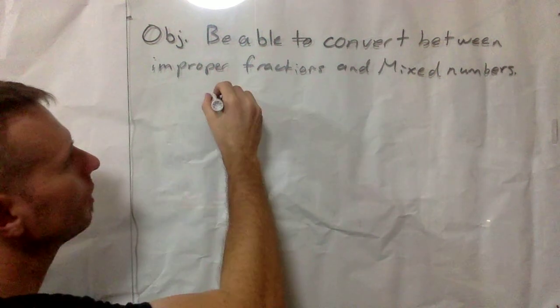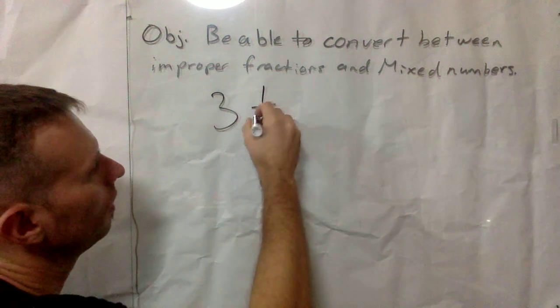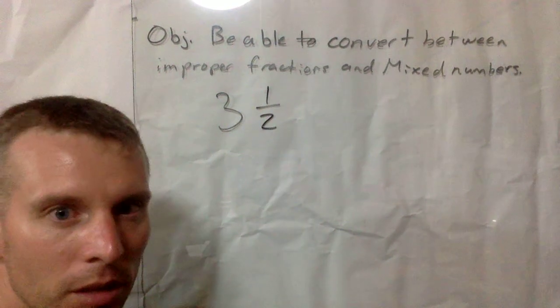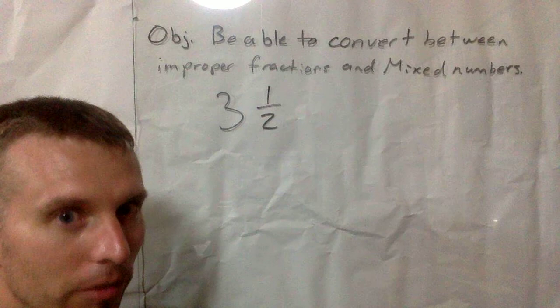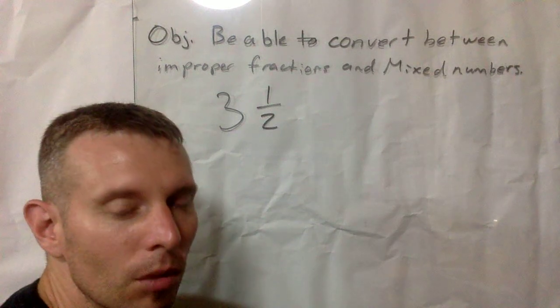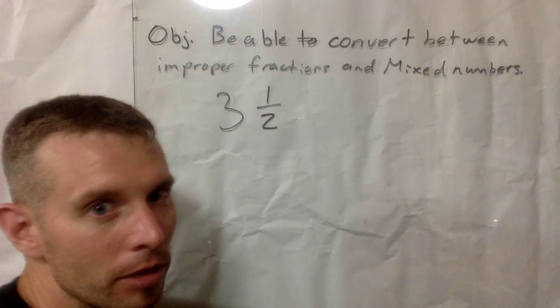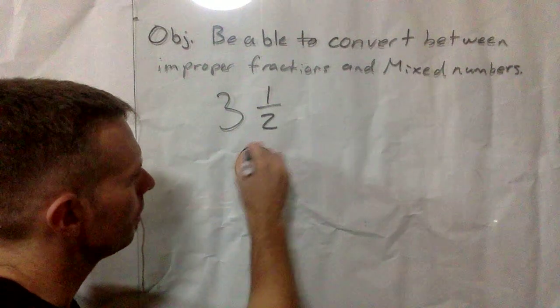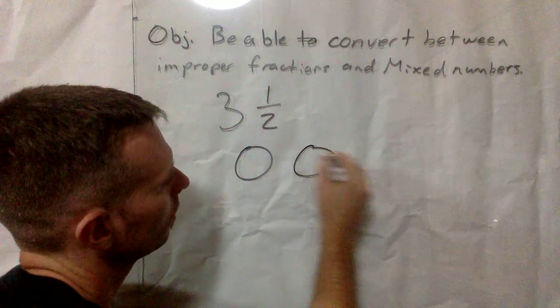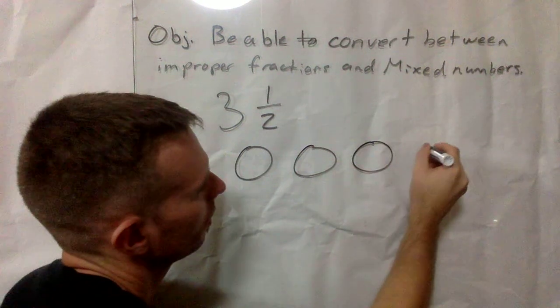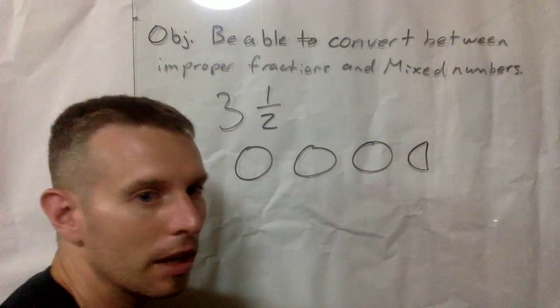Okay, so let's say you wanted to convert between the two. Let's do mixed number to improper fraction first. What does the mixed number 3 1/2 represent? Well, it represents 1, 2, 3 and a half.